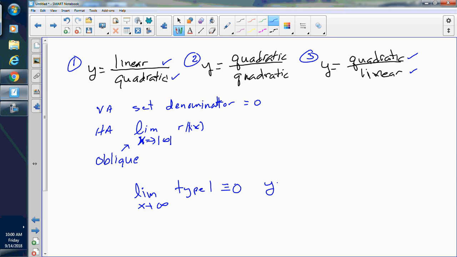And so y equals 0 is going to be our asymptote. As an example, if we have x over x squared, very simple, that reduces to 1 over x, and that approaches 0 as x gets very large.